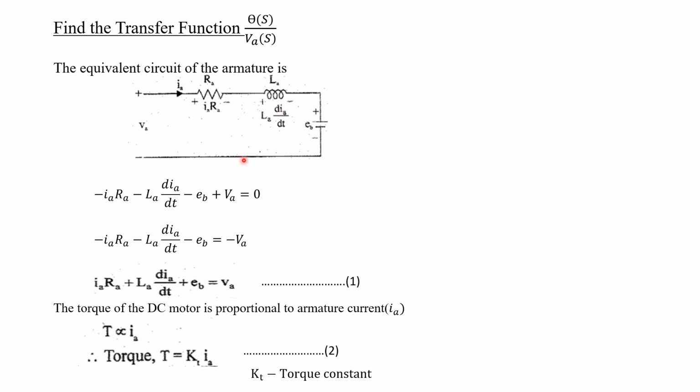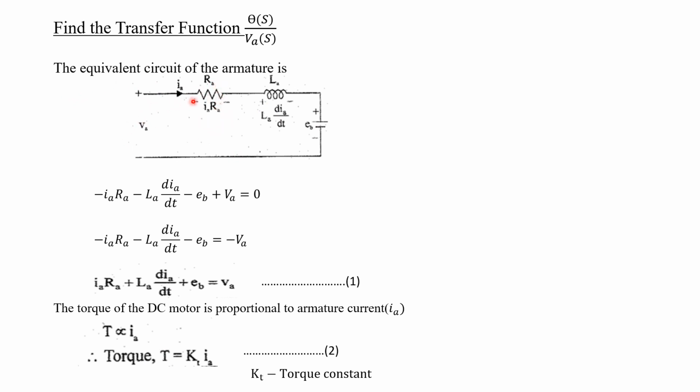First, we have an electrical part as well as a mechanical part, isn't it? In the electrical part, only the armature part is varying. So we are going to perform analysis on the armature section. First we have to draw the equivalent circuit for the armature. See that diagram.